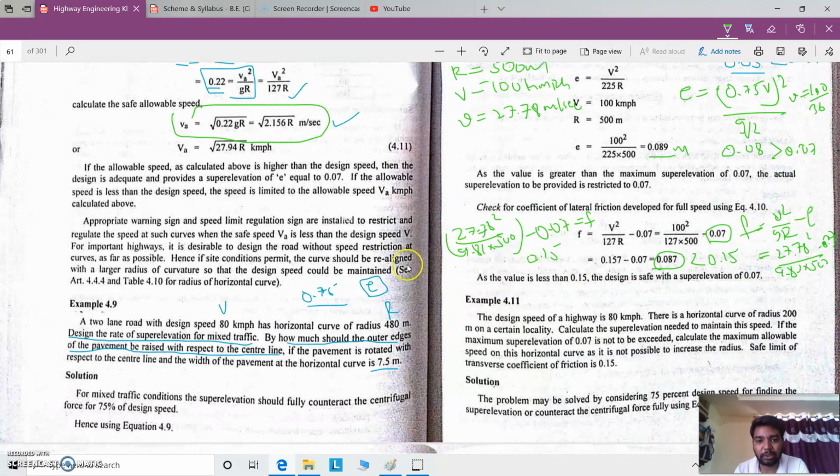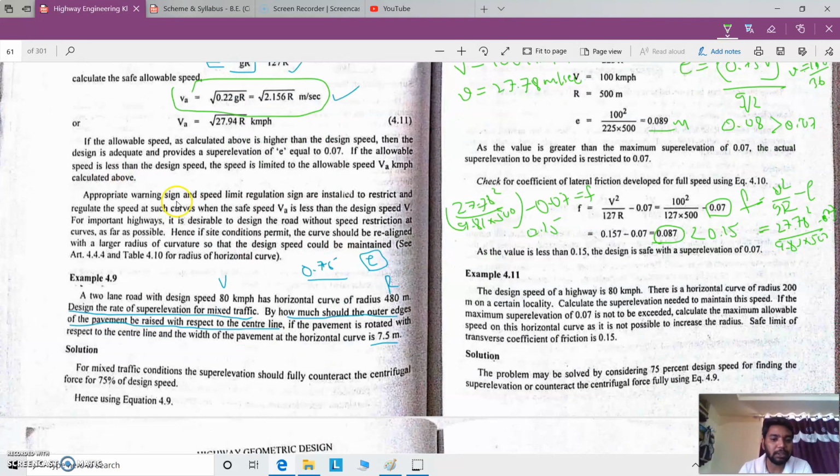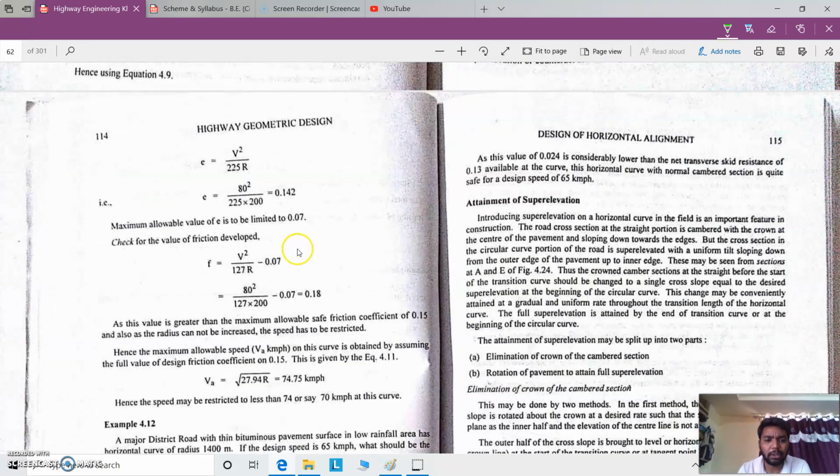Right, and this much is given for the calculation of super elevation. Apart from this, we can calculate the ruling minimum radius. They may ask to calculate what radius can be adopted for the given speed, for the given super elevation, for the given frictional values.